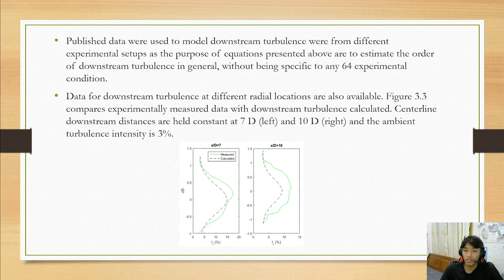Data for downstream turbulence at different radial locations are also available. Figure 3.3 is this figure below, which compares experimentally measured data with calculated downstream turbulence. Centerline downstream distances are held constant at 7D, which is the left one, and 10D, which is the right one, and the ambient turbulence intensity is 3%.